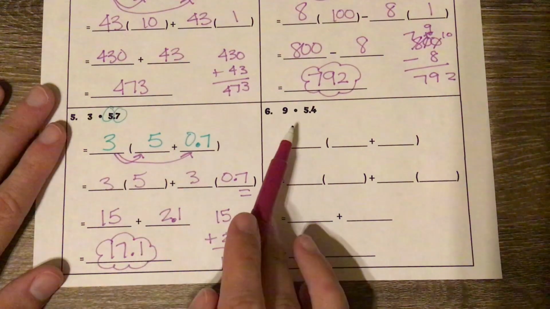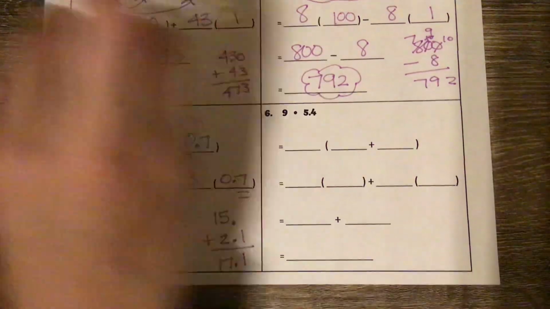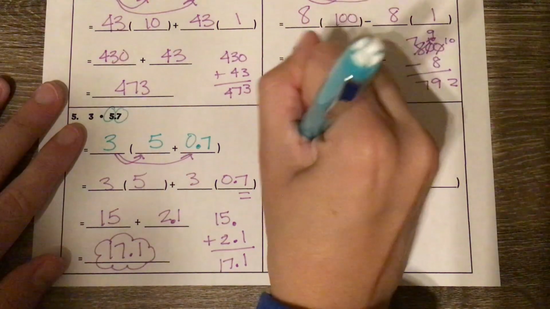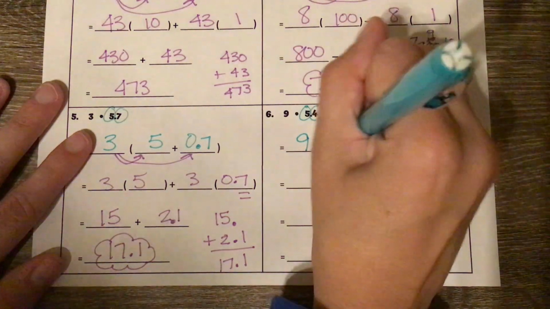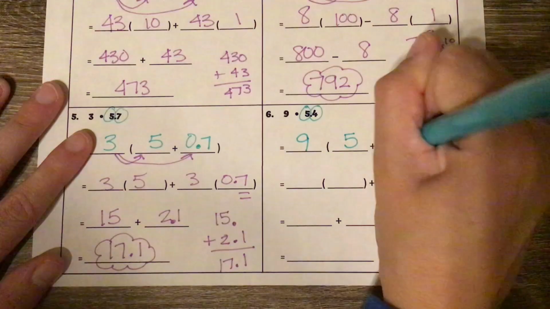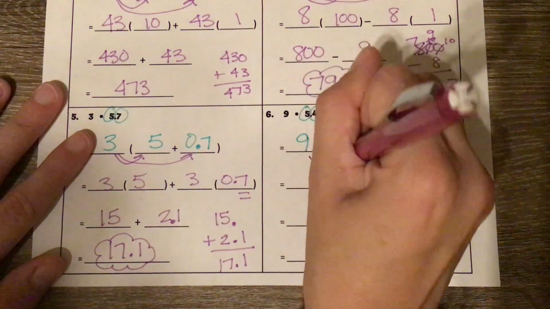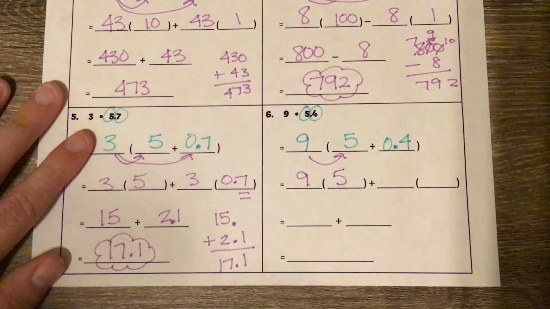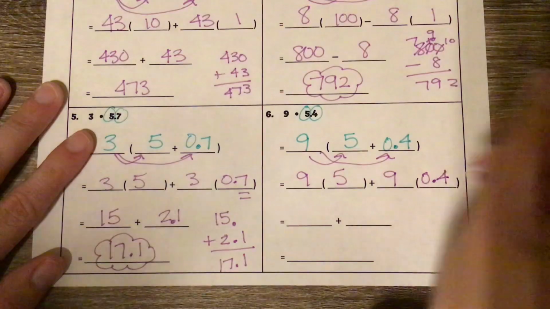Last one, again, breaking it down with these decimal values. Taking the 9, we're going to break down our decimals based on place value. So 5 plus 0.4. So we're going to multiply the 9 times 5, and we're going to multiply the 9 times 0.4.